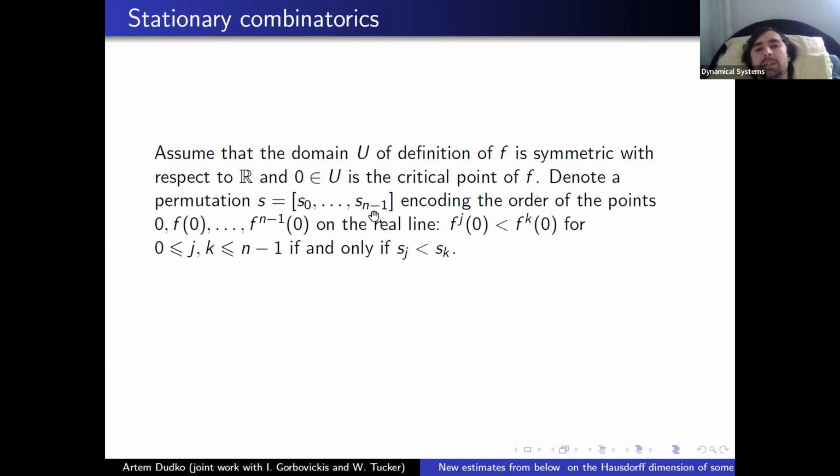So S0, etc., Sn-1 are different numbers from 0 to n-1 in some order. And this encoding shows when j's iterate of 0 is less than k's iterate of 0.